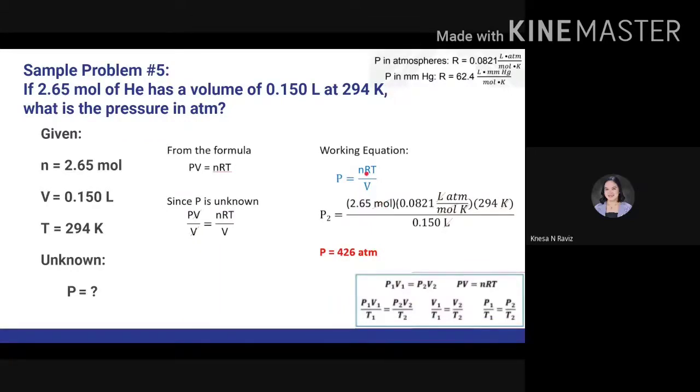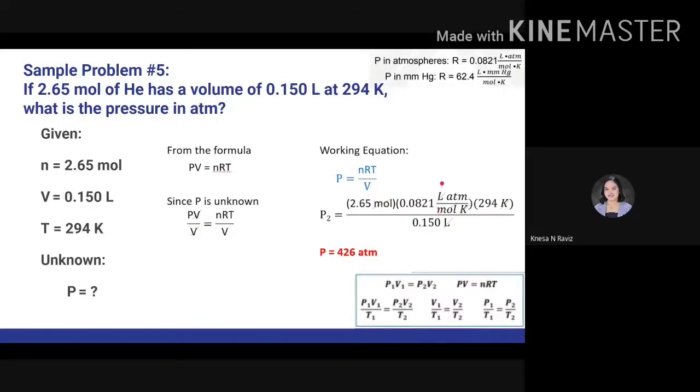R is our gas constant, and since we want our pressure to be in atmospheres, we make use of this gas constant, 0.0821 liter atmosphere per mole Kelvin. For temperature, we have 294 Kelvin, and for volume, we have 0.150 liter.